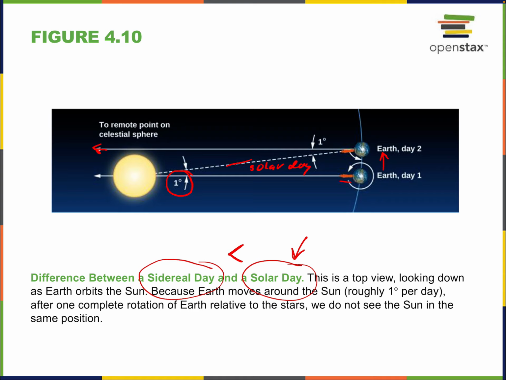We could also say if we just looked at the Earth as a spinning ball and we spun that ball in a full circle at a certain constant rate, if it was in a laboratory, then the time for the ball to spin all the way around is the period of a complete rotation. So a sidereal day is the period of a complete rotation. It doesn't care about the sun. The sun has no effect on the sidereal day.